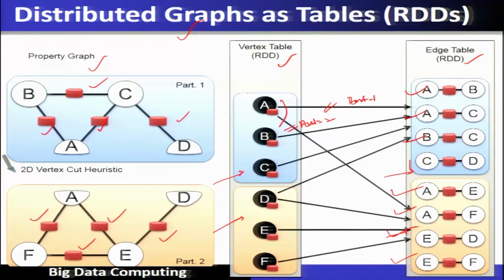A will communicate with part 2 to support the edges AE and AF. Similarly, A will communicate with part 1 to support the edges AB and AC. Similarly, B can communicate with BC and BA.